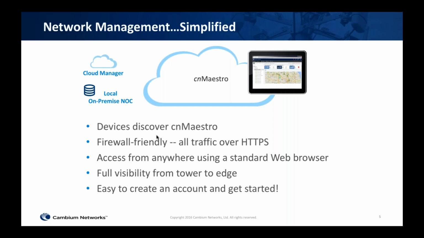So all the products are incorporated in this CN Maestro account. And at the end of the day, it's very easy to create your account and get started. So it's free. We don't charge you for any of this cloud monitoring. So you can start using it just right now.